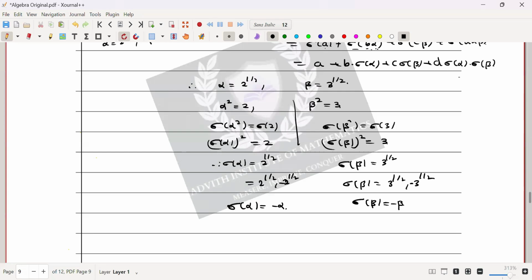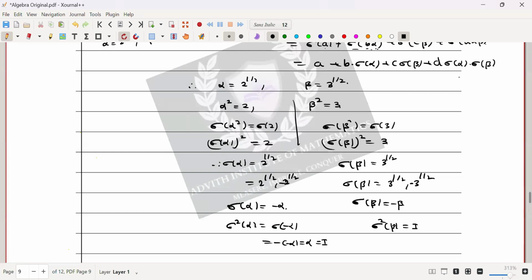automorphisms. Now what is sigma square? Sigma square of alpha is equal to sigma of minus alpha, which is minus sigma of alpha, which is minus of minus alpha, equal to alpha. That is identity. Similarly sigma square of beta is equal to identity.